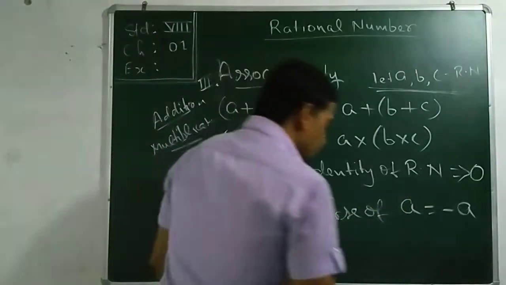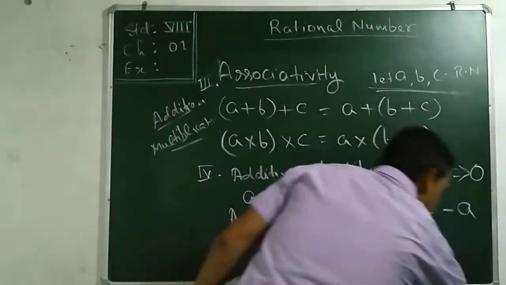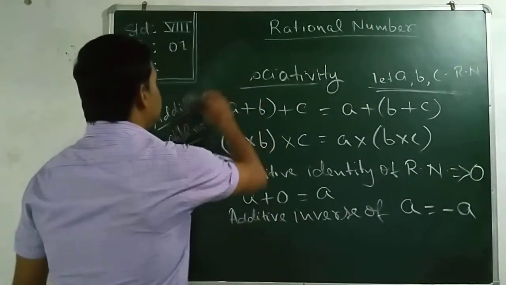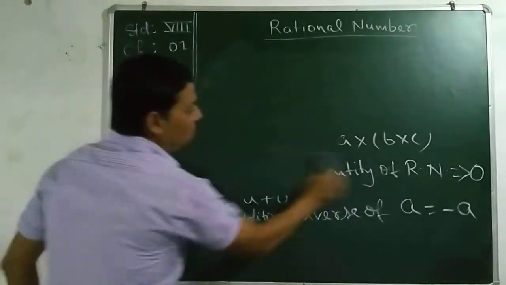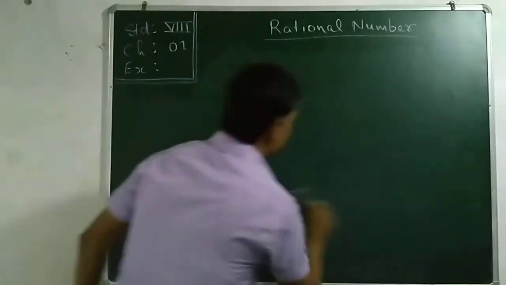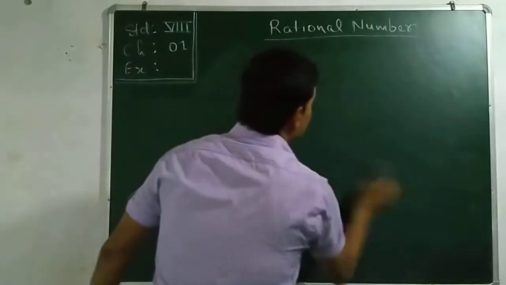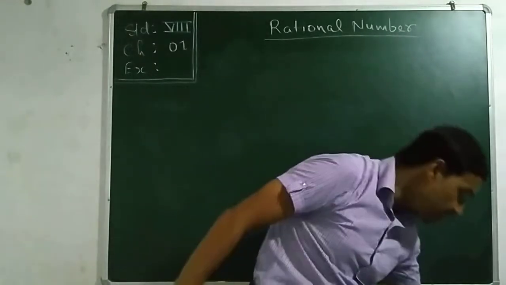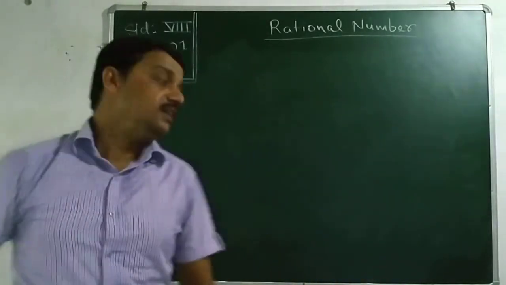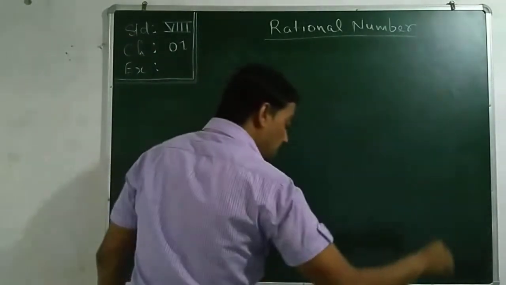Next thing is the multiplicative inverse. The multiplicative inverse is also commonly known as the reciprocal. In the exercise also you will get sums to find the reciprocal.